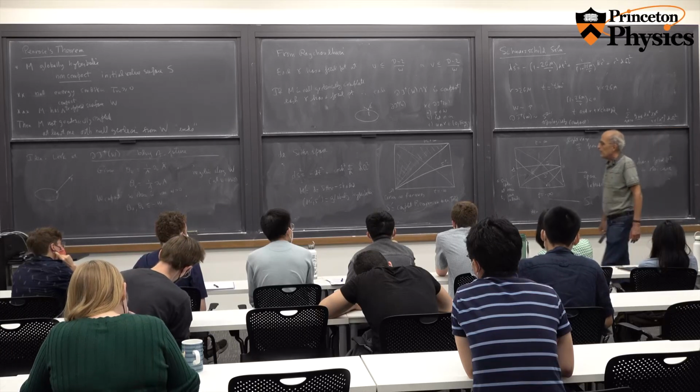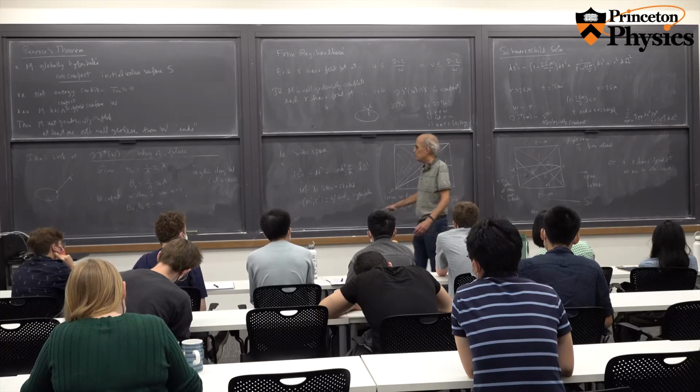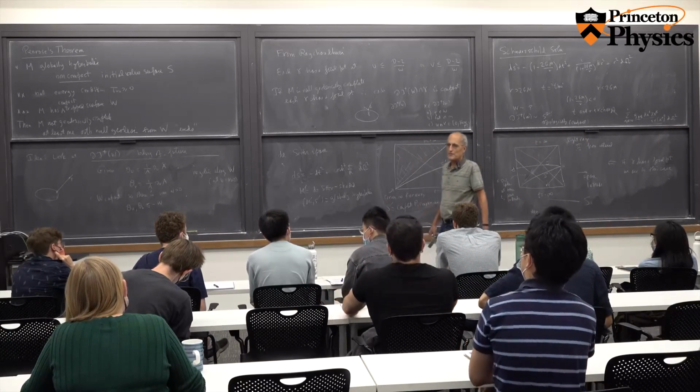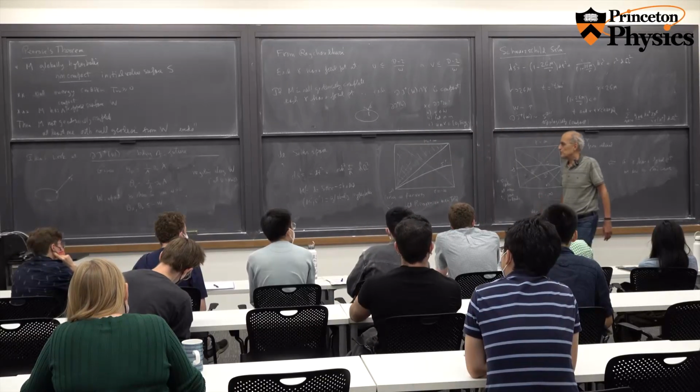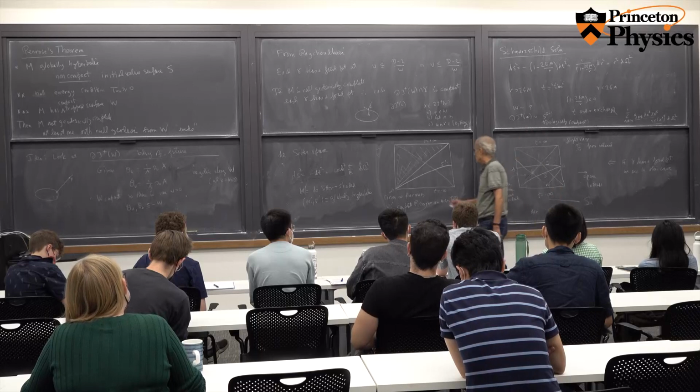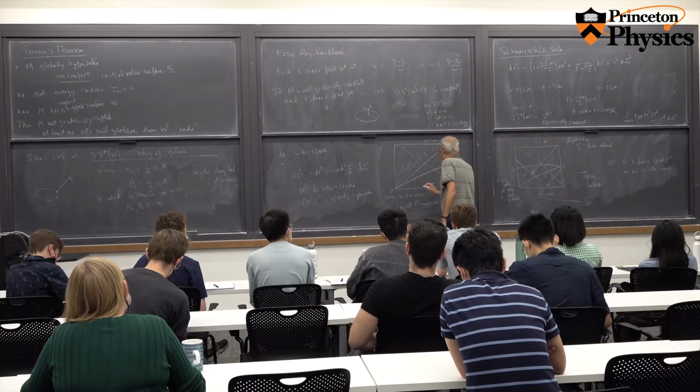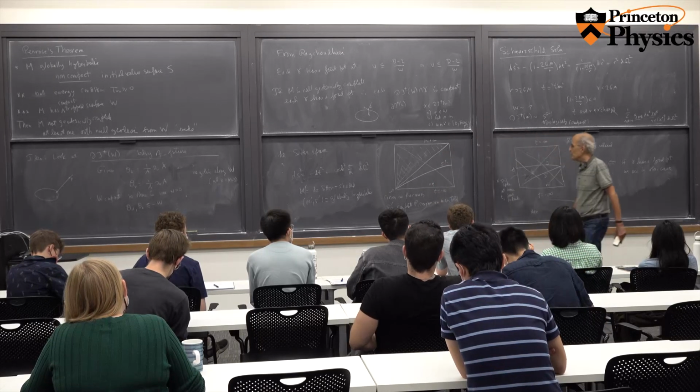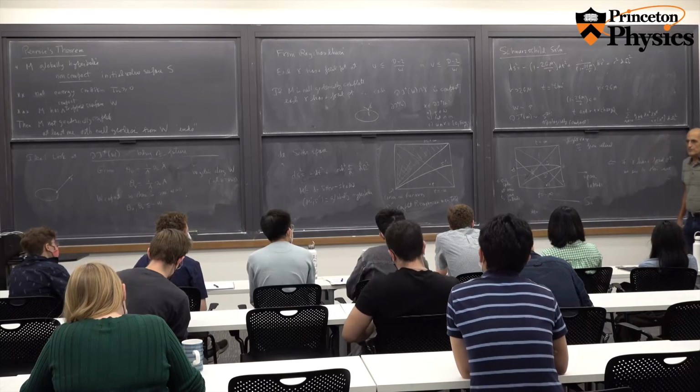So the example M prime and S prime satisfies the hypotheses of Penrose's theorem. So let's test it and see if Penrose's theorem is true. Well, lo and behold, there's a trapped surface, the same one as before, corresponding to a point near the bottom of the picture.